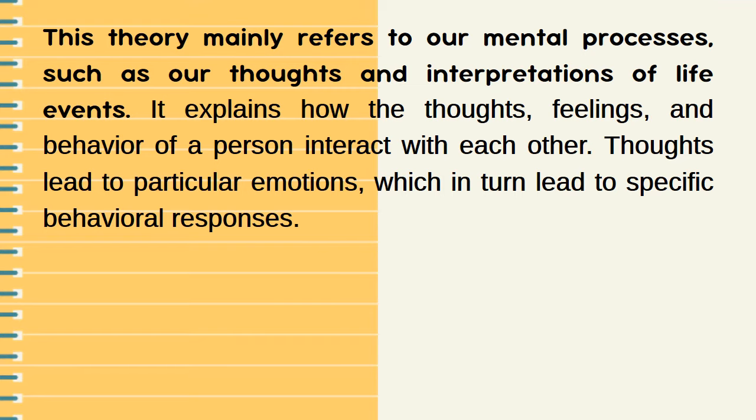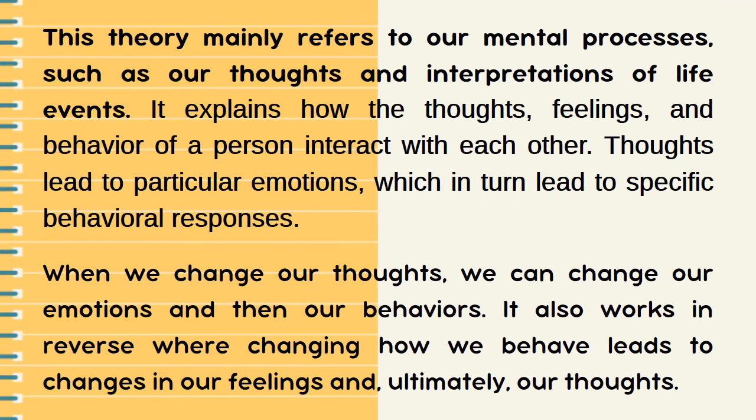Thoughts lead to particular emotions, which in turn lead to specific behavioral responses. When we change our thoughts, we can change our emotions and then our behaviors. It also works in reverse, where changing how we behave leads to changes in our feelings and ultimately our thoughts.